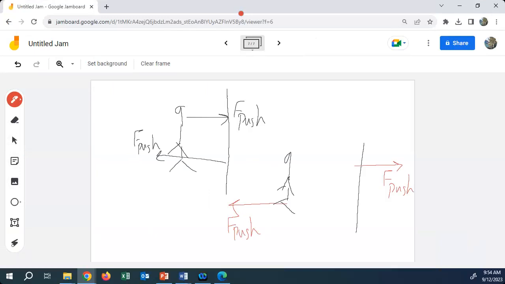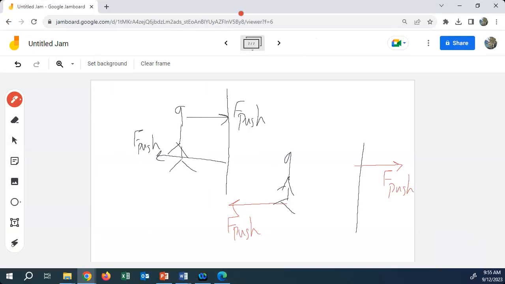Because we have two objects, we need to identify forces on two objects separately. Do not put them together. That's why you get confused. Make sense? We have two objects. When we are identifying forces, we have to identify forces on two objects separately.